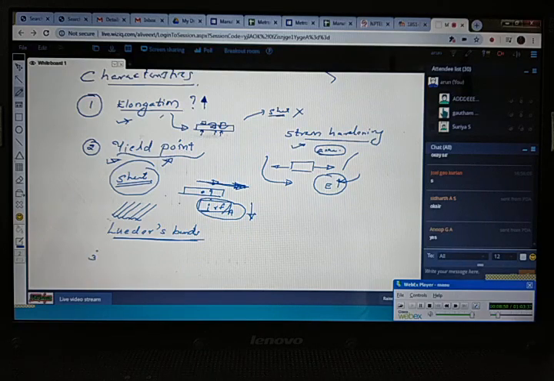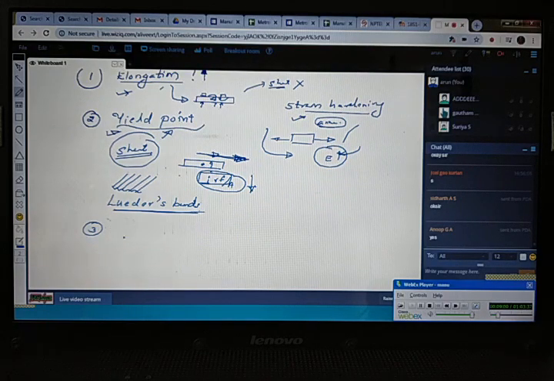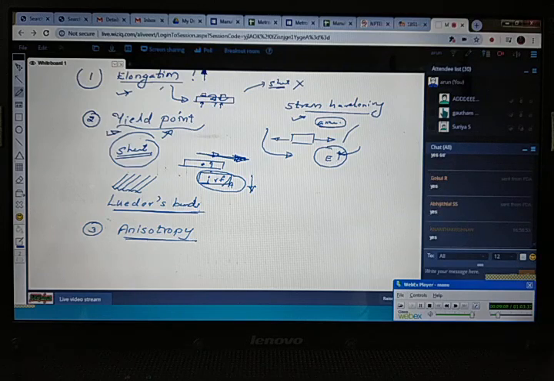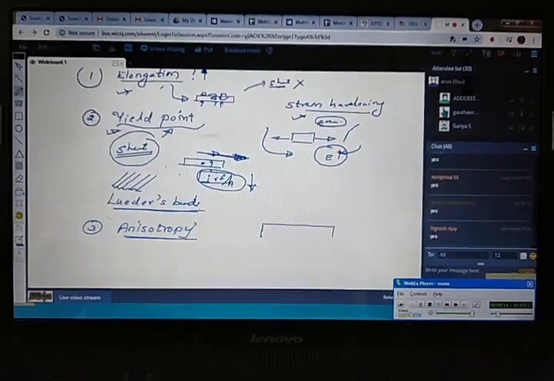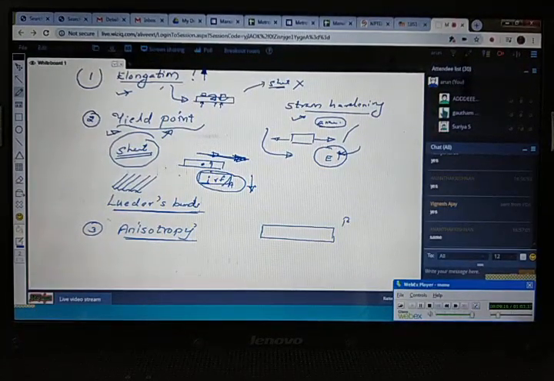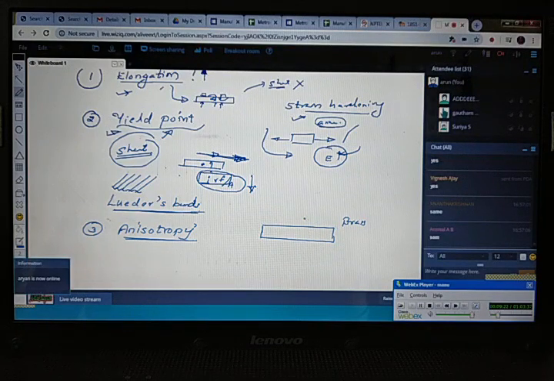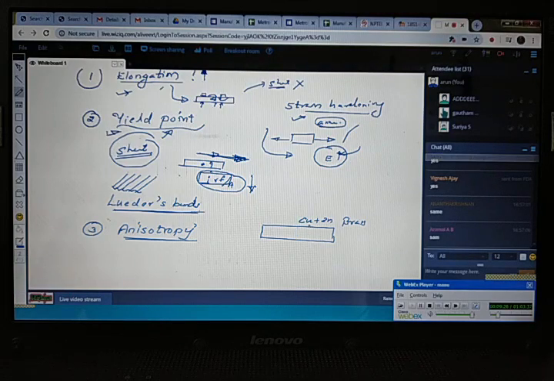Next, the third one deals with anisotropy. Have you heard of anisotropy? What is anisotropy? If I take a brass material, its alloying components are copper and zinc.